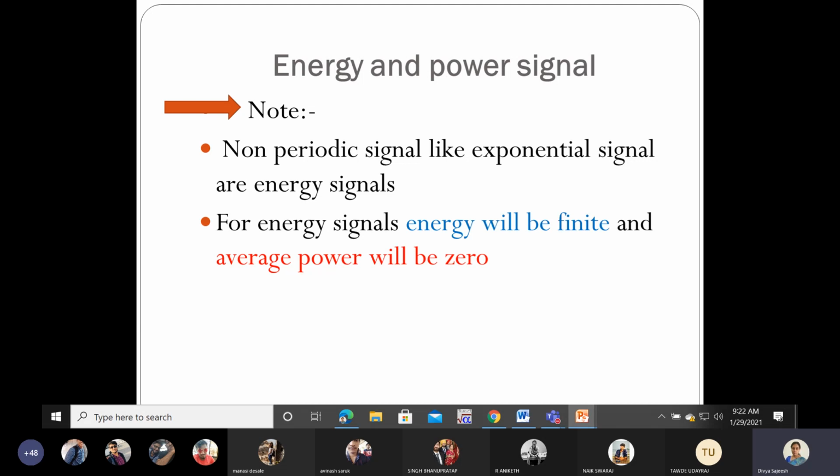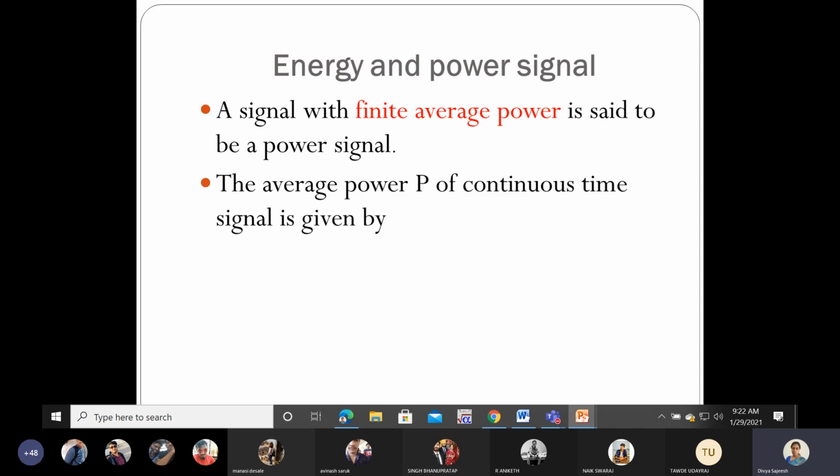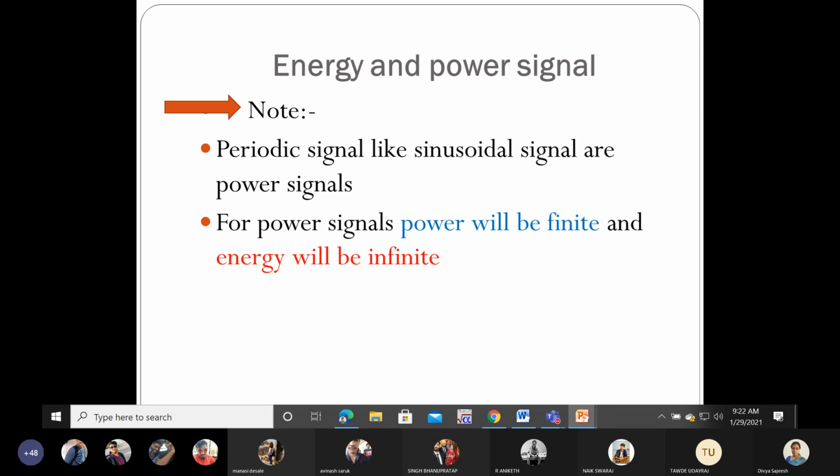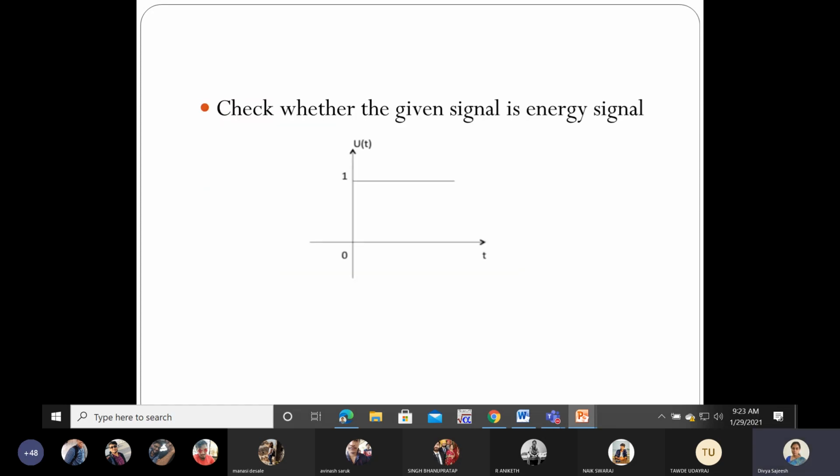If it is an energy signal, automatically its average power will be 0, and non-periodic signals will be energy signals. Whereas power signals contain a constant power or finite average power. If it is a power signal, the energy contained in the signal will be infinite. So periodic signals are normally power signals. This is the formula for the discrete signal.